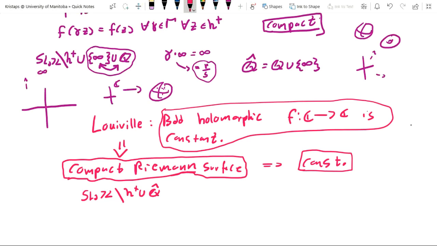So two possibilities: one, we could drop the condition of holomorphicity of our functions, and for instance, we could simply consider functions which are meromorphic. This just means it's complex differentiable except for some collection of isolated points.